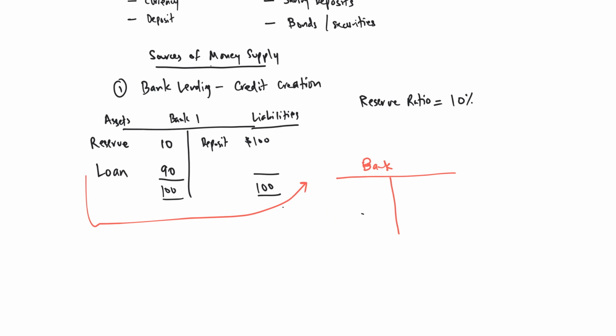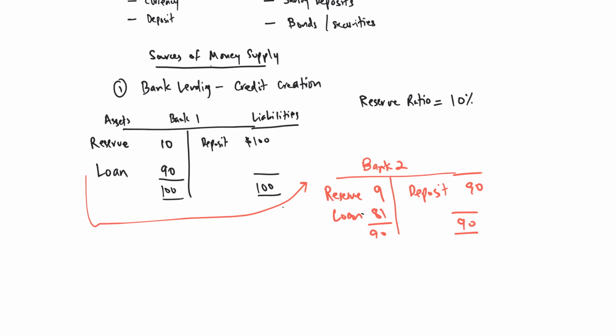So bank number 2 gets this deposit of 90, which then means another reserve would be created, because they will also keep 10% of 90, which is 9, in the bank, but they will also loan out 81.